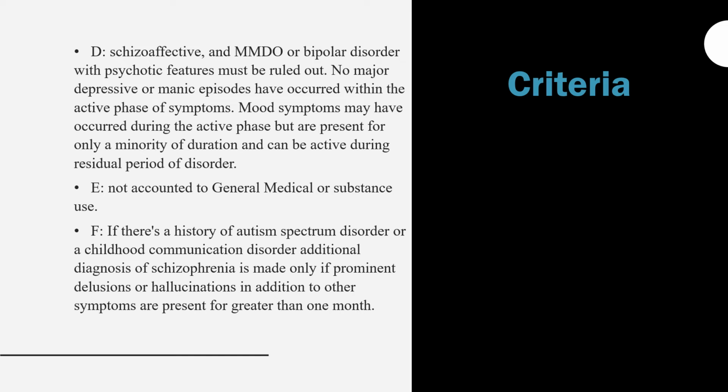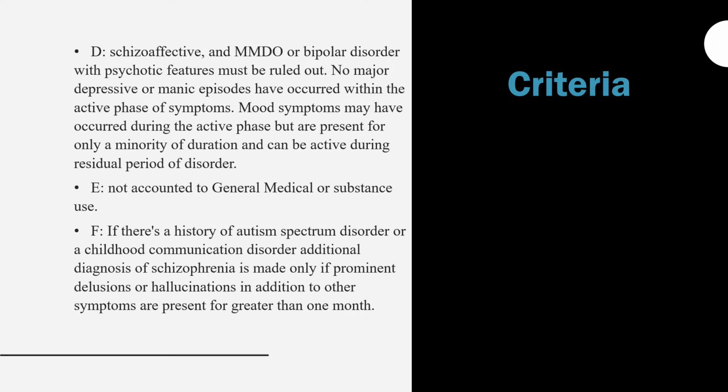Category E, here again, it does not account for general medical or substance use. Just keep it in the back of your mind. General medical issues or medical issues in general will always trump the psychiatric diagnosis. And the reason for that is if we have to take it from the viewpoint that if the medical issue wasn't there, would the psychological or psychiatric issue be present?